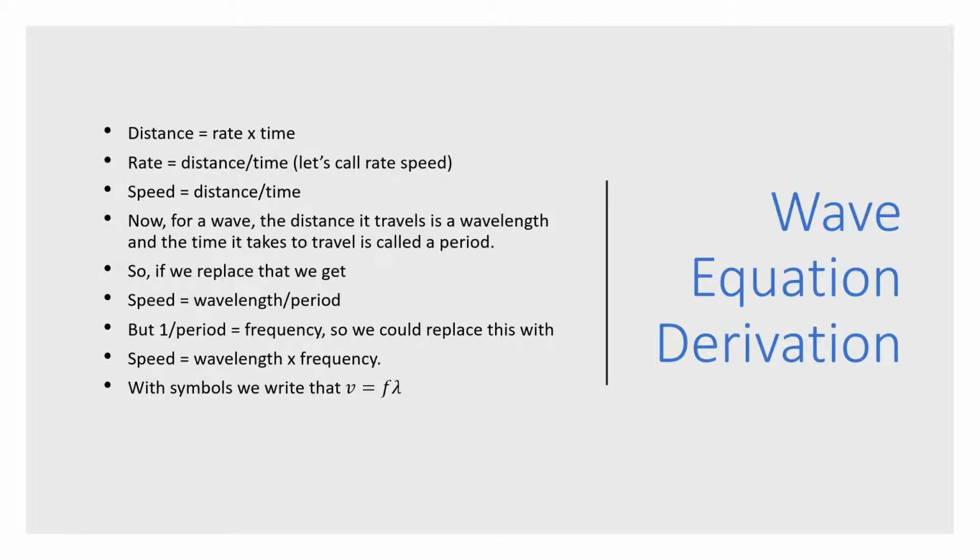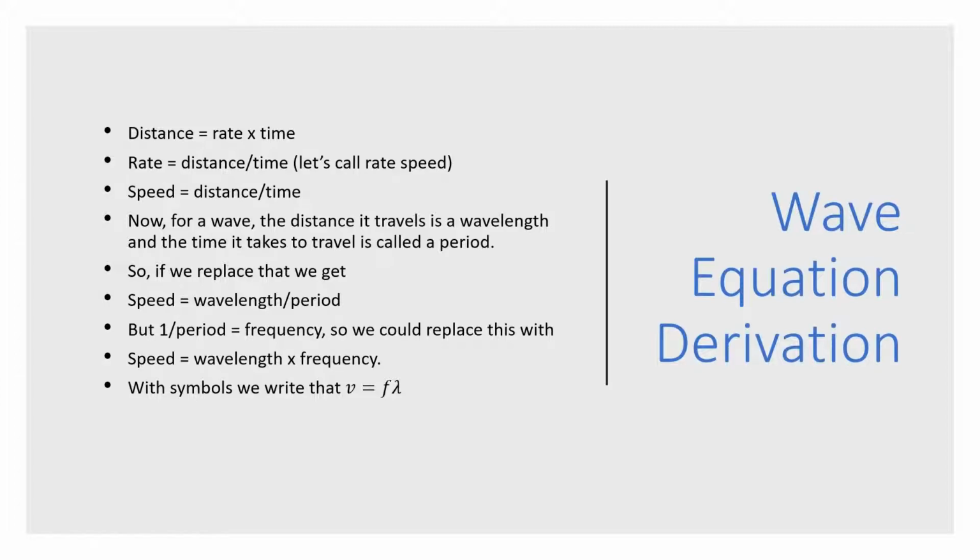Now, the distance that a wave travels, well, we call that the wavelength. Okay. And the time it takes to travel, we call the period. So let's replace distance and time with wavelength and period. So speed equals wavelength divided by period.